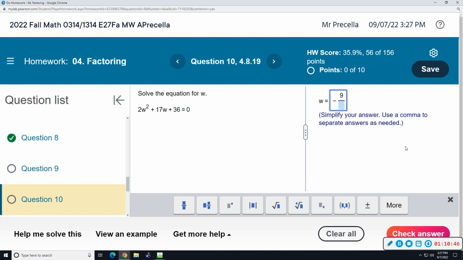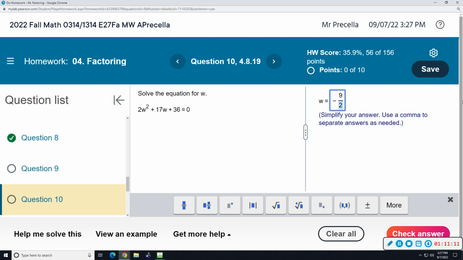If you had written negative 9 over 2, here's what sometimes students do. They'll then go, comma, negative 4. Do y'all think that it's going to count that right? No, that comma and negative 4 should not be in the bottom of the fraction.